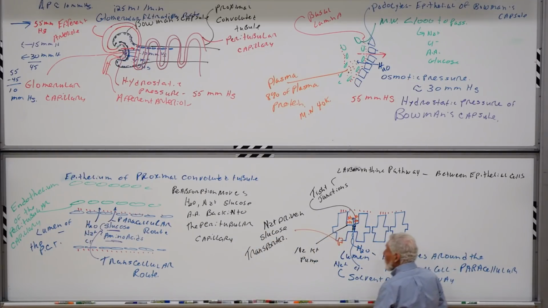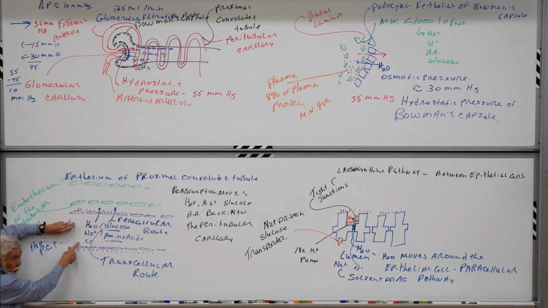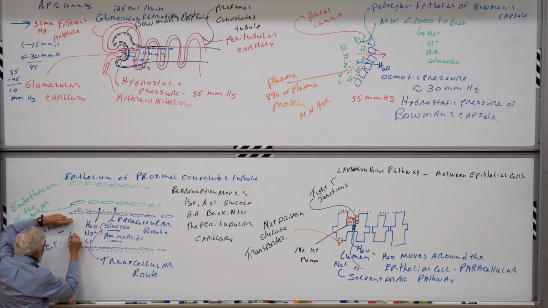The way the sodium-driven co-transporter works is that out here in the lumen of the tube, we have a high concentration of sodium. Remember, we have pretty much the same concentration of sodium in here as we had in the blood. We've squeezed the sodium out of the glomerular capillary and into Bowman's capsule. So we have something in the neighborhood of about 130 millimolar sodium.